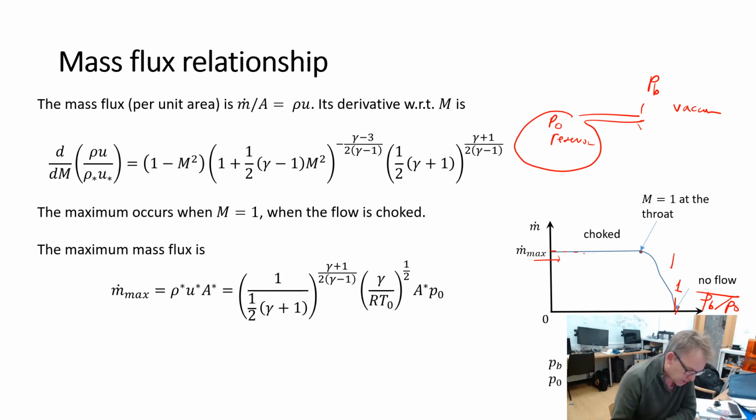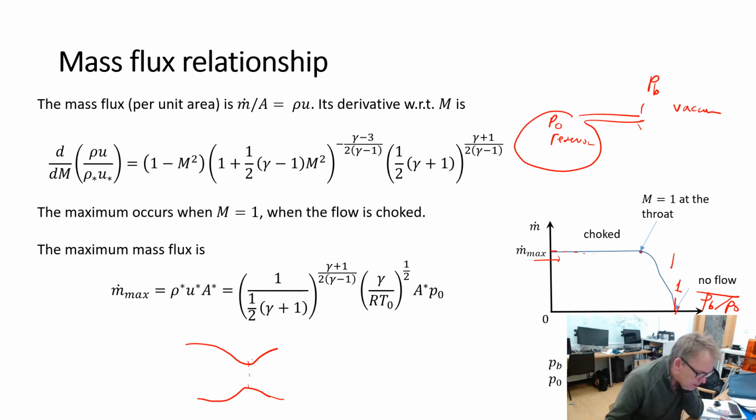What you end up saying is that the state of the flow in the vicinity up to the throat and a little bit beyond is really independent of the pressure differential if it's in a choked state.